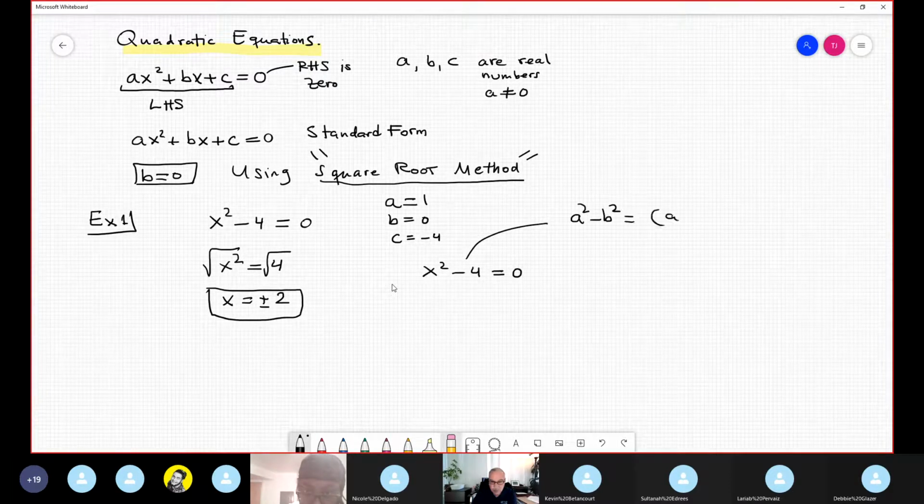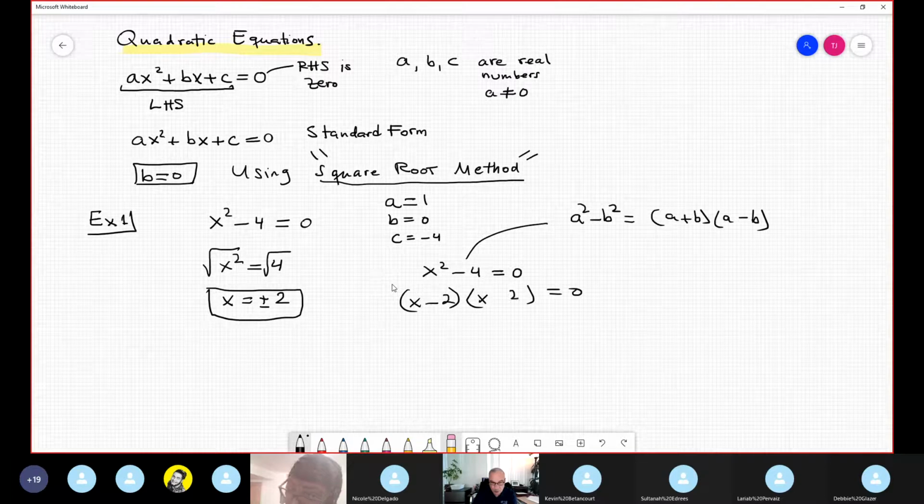The factorization of a difference of squares is the famous formula that I suppose everyone knows very well: a plus b times a minus b. So now, as you are doing the factorization here, the square root of x squared is x, the square root of 4 is 2, plus or minus. You separate into linear equations using the zero factor property.